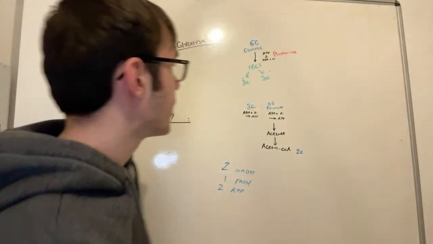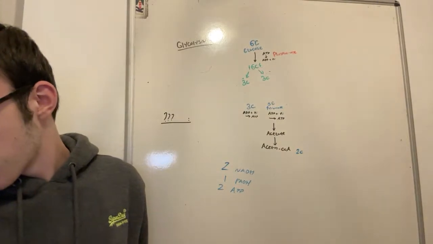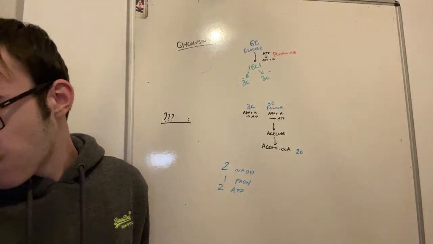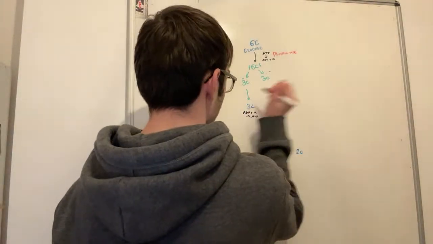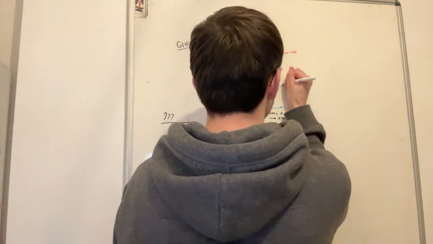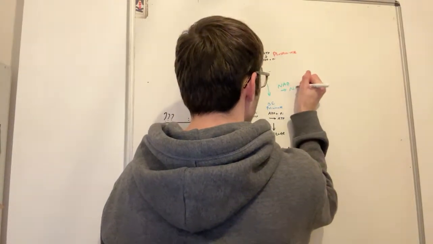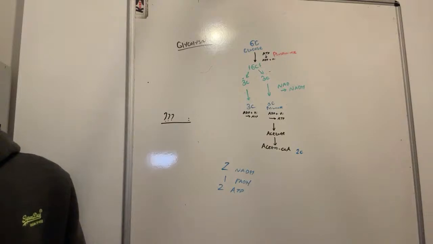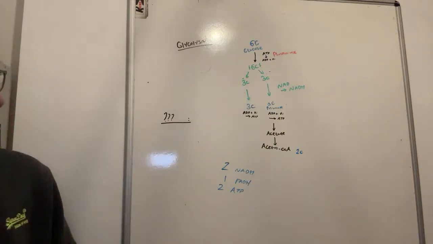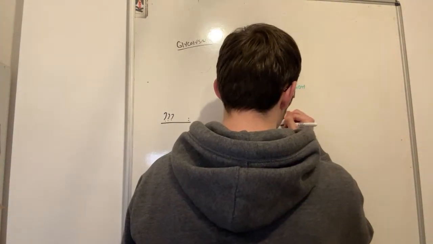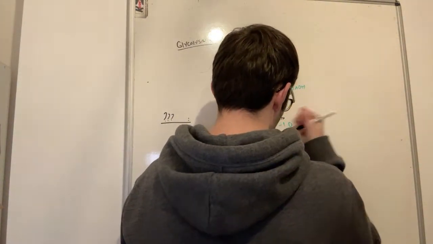Then reduction of NAD. Oxidation of 2-TP into pyruvate. And then you get a net gain of 2 ATP. Okay, so from there, decarboxylation into acetate.